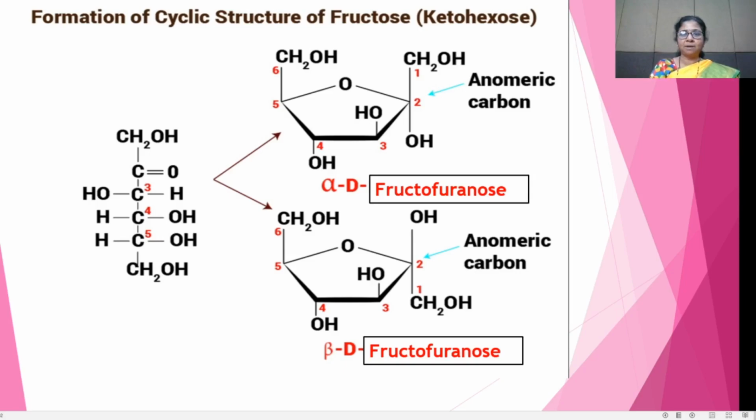The anomeric carbon atom having the OH group below is called alpha, and the one having the OH group above is called the beta form. In this way, the cyclic structures of fructose are alpha D fructofuranose and beta D fructofuranose.